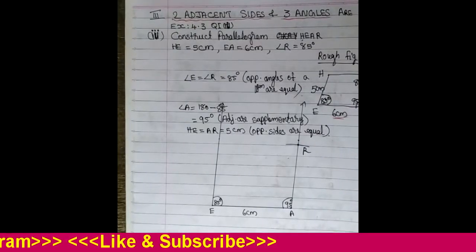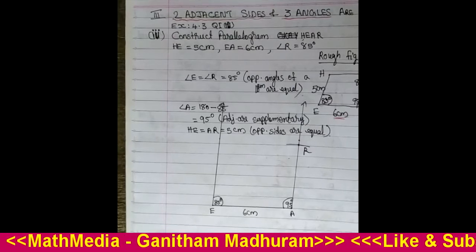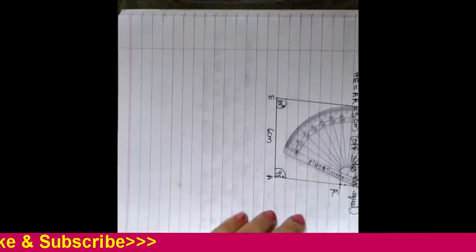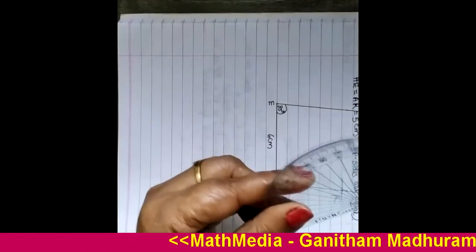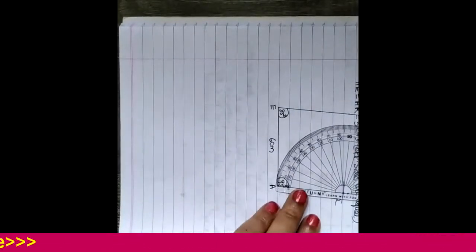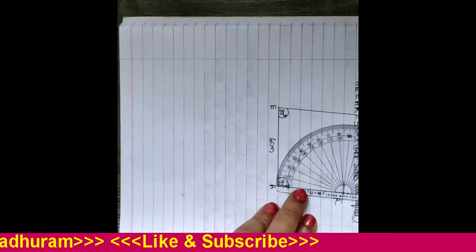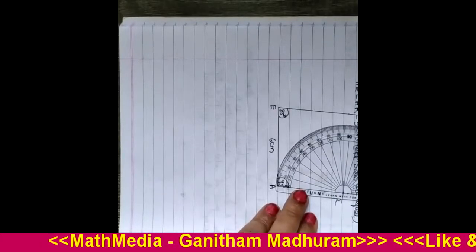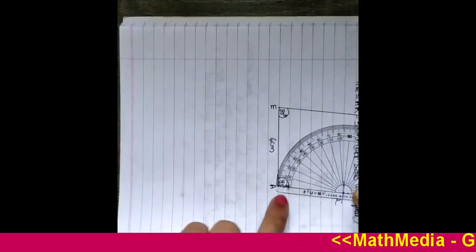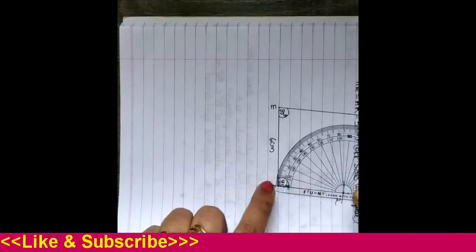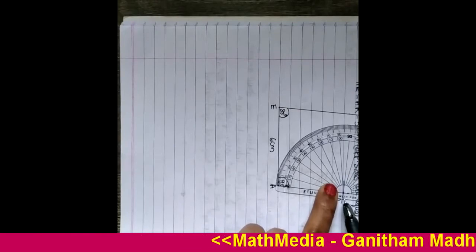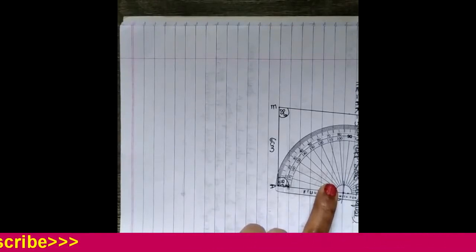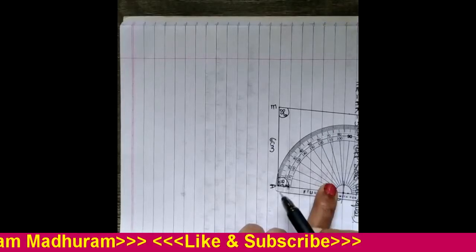Now at R, we have to draw 85 degree. For that you have to turn the book, take the protractor and fix it at R. The center of the protractor will coincide with the point R. The line segment is extending on this side only. So we are keeping the base of protractor on the right side. So take 0 from left side.